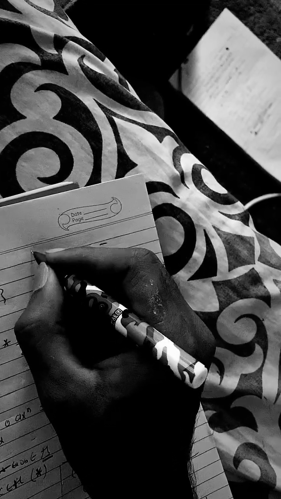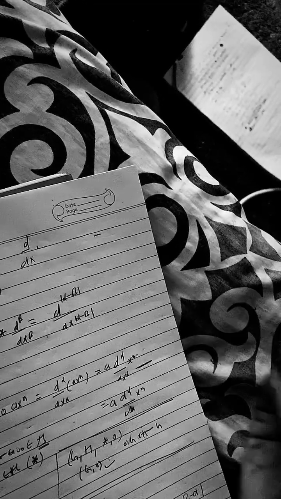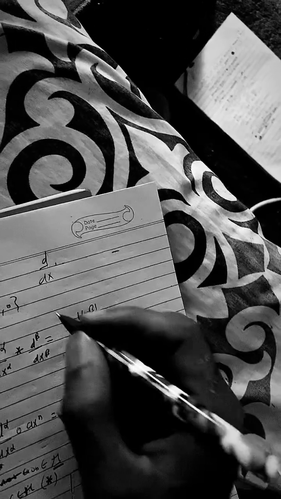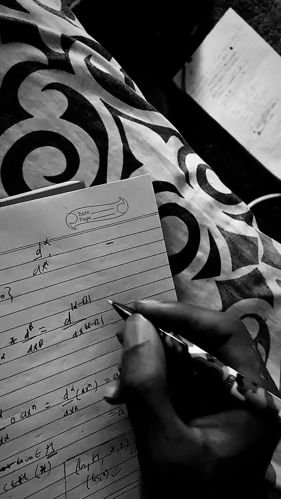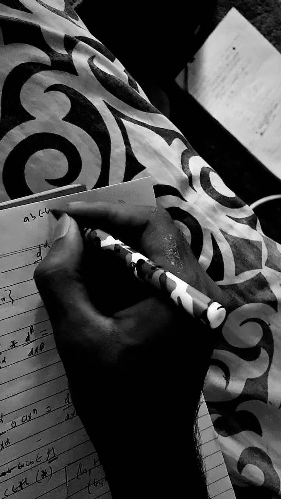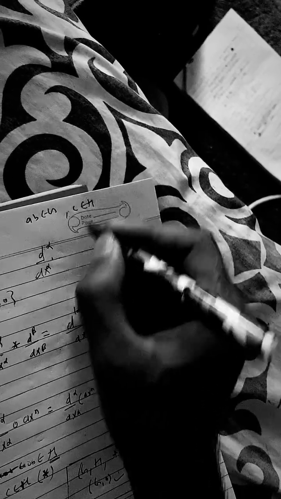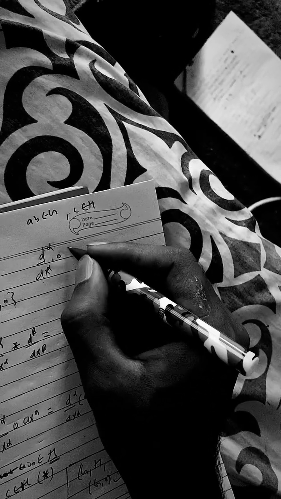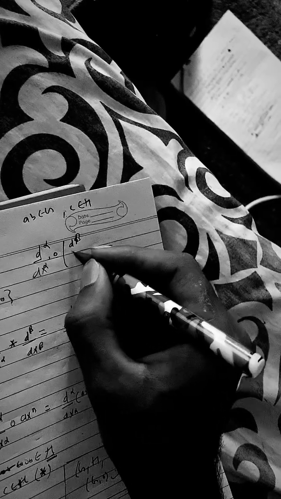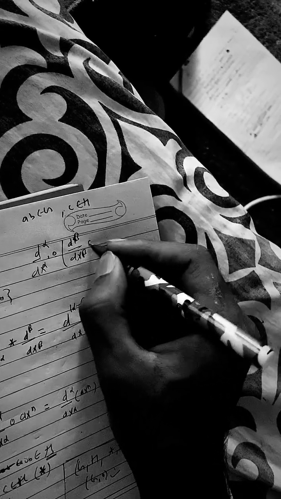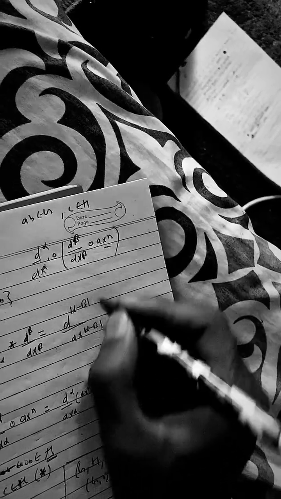What is associativity? Associativity is: A, B come from G and C comes from H. So A coming from G and B also coming from G, and this with C, ax^n.